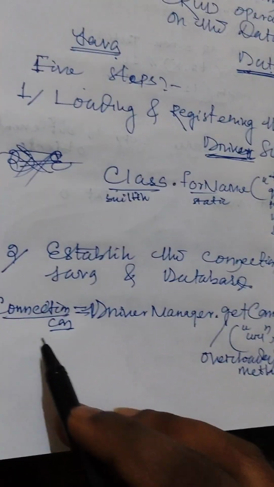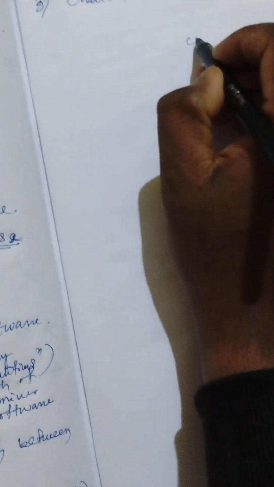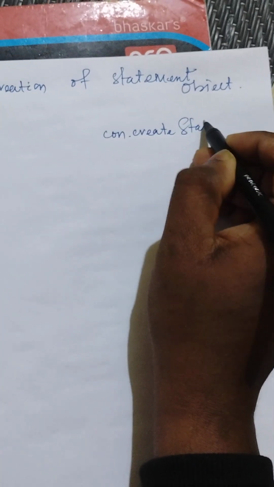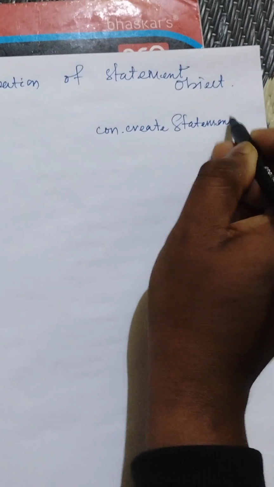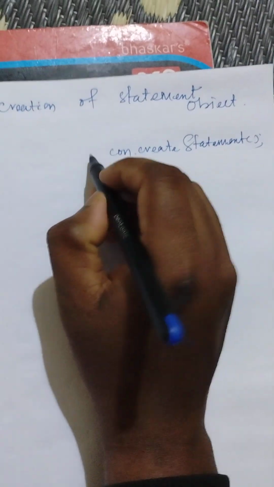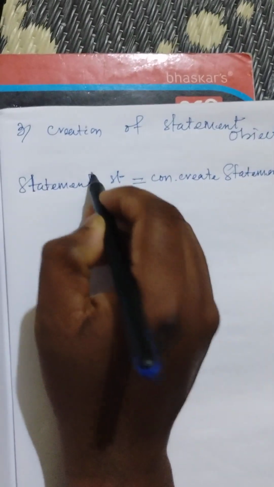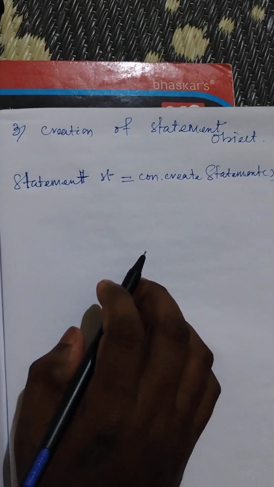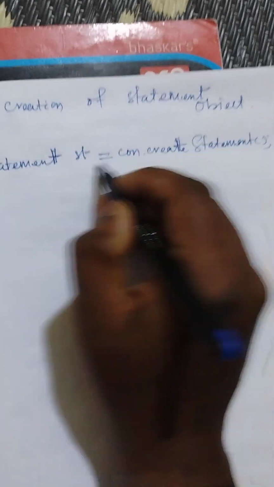I have declared one reference of type Connection. Inside the Connection interface there is a method called createStatement, which returns a Statement type object. It is also an interface. Why is this needed?